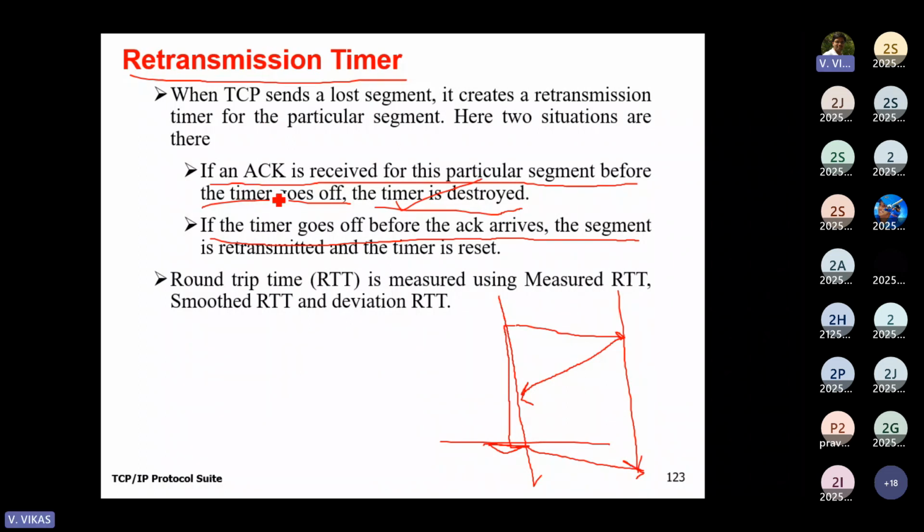That is the role of the retransmission timer. The round trip time is measured based on measured RTT, smooth RTT, and deviation RTT. Using all these, round trip time is measured, but we are not looking into all those calculations. We are just looking at the concept of the retransmission timer and when it will be used.